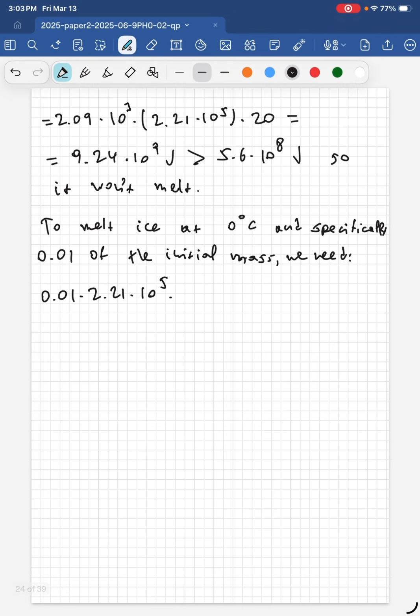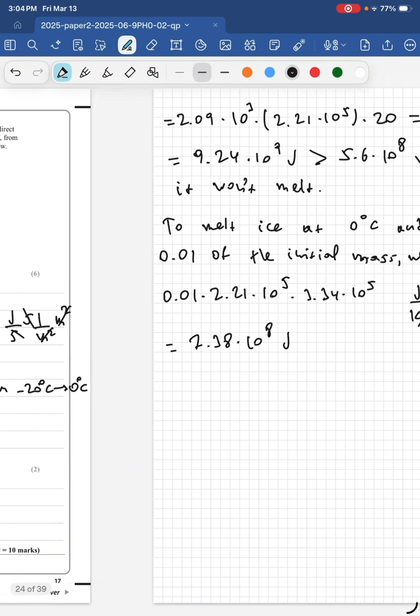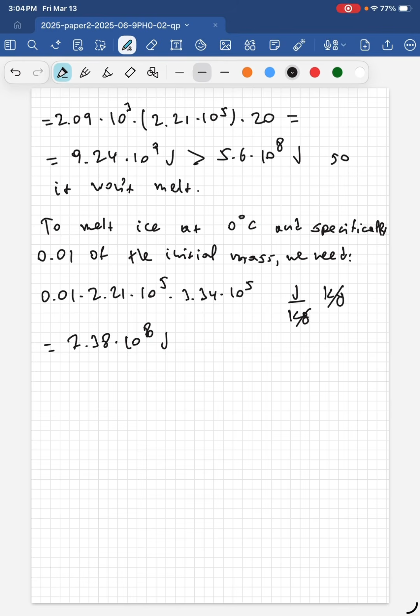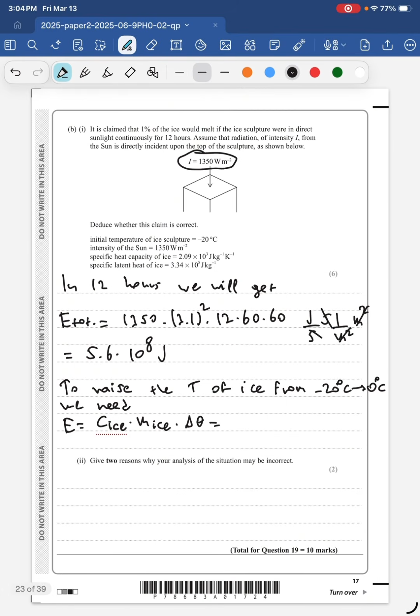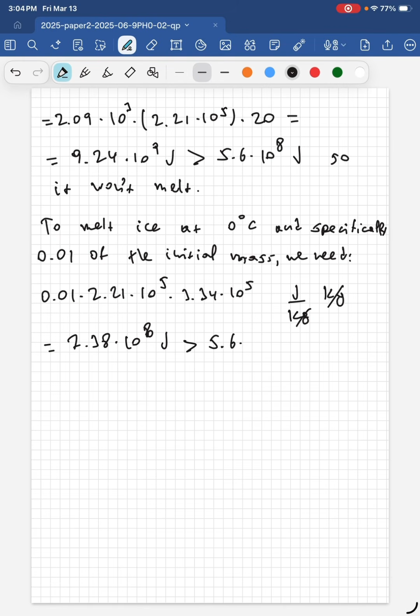So 1% of the ice times the latent heat, which is 3.34 times 10 to the 5 joules per kilogram. And then we have another kilogram from the mass. So we will need 7.38 times 10 to the 8 joules, which is surprisingly also larger than 5.6 times 10 to the 8 joules.